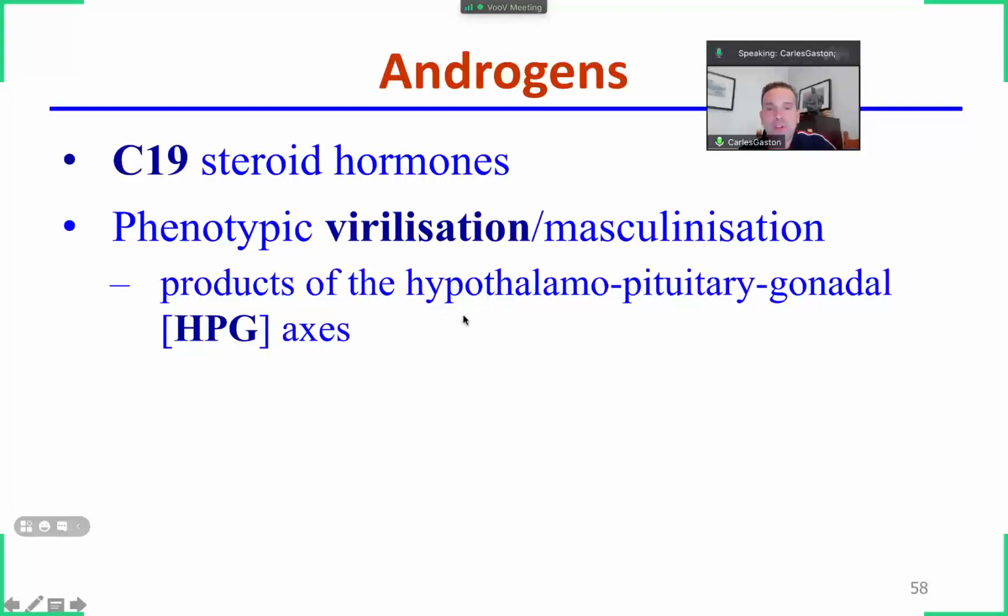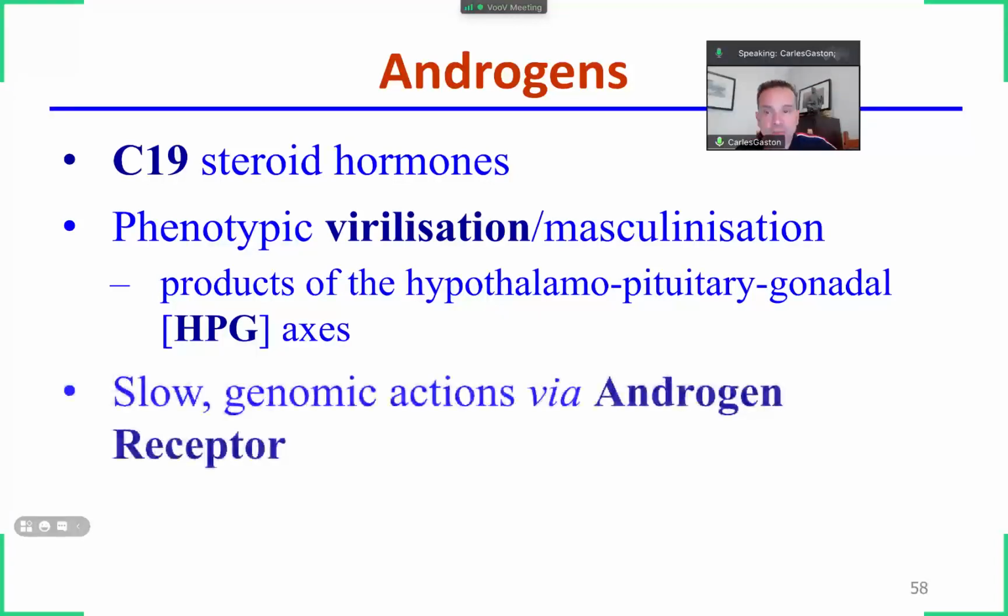It's a product of the hypothalamus-pituitary-gonadal axis, and that's why we're going to study the mechanism of action of the androgen steroids in the chapter on hormones of reproductive biology at the end of the module. So don't worry now, right?